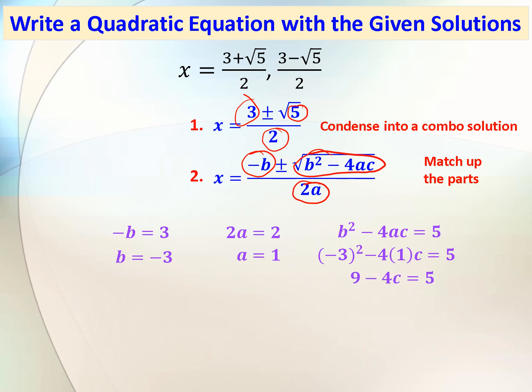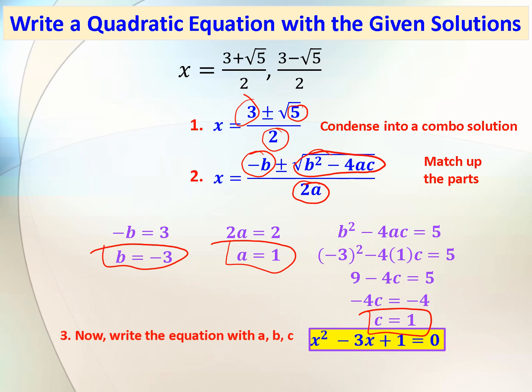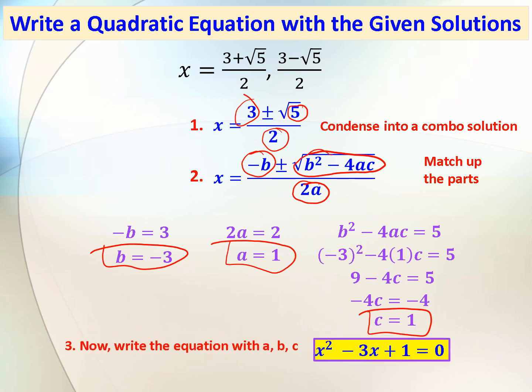I subtract 9 from both sides, and that gives me negative 4c equals negative 4, and that means c is 1. So now that I have a, b, and c, I can substitute those into the standard form, and I have my equation. x squared minus 3x plus 1.